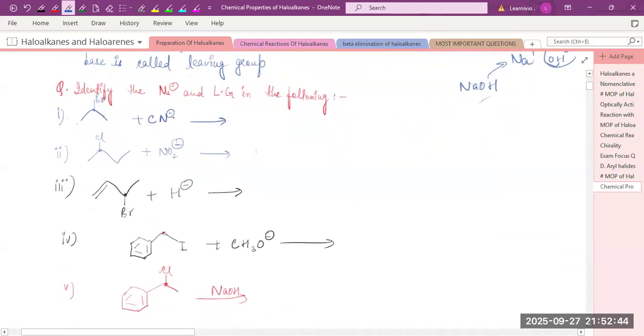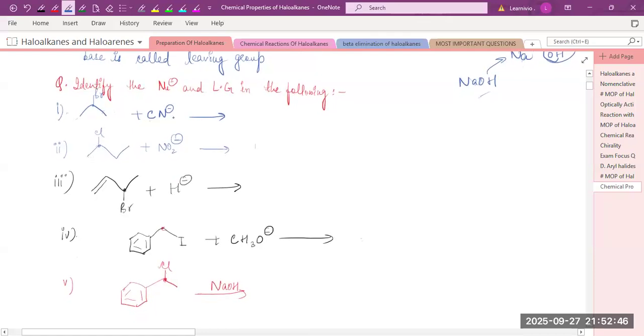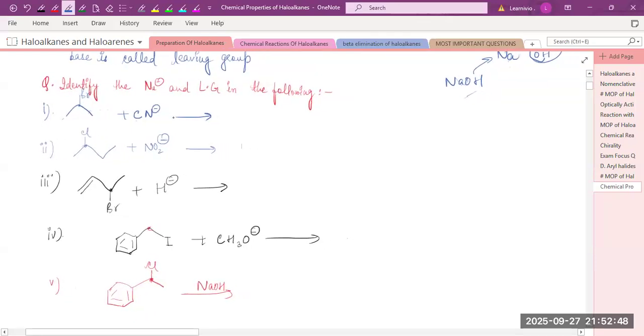So here, suppose this is a question. Identify the nucleophile and the leaving group in the following. First, this is a nucleophile: CN minus. See, Ali, cyanide जो होते हैं, it's an ambidentate nucleophile. Now the question is, what is an ambidentate nucleophile? Do you know what is an ambidentate nucleophile, Ali?